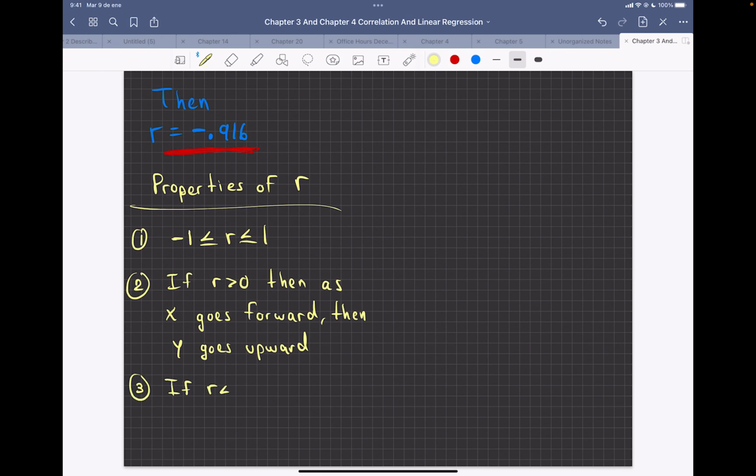If R is negative, then as X goes forward, then Y goes downward.